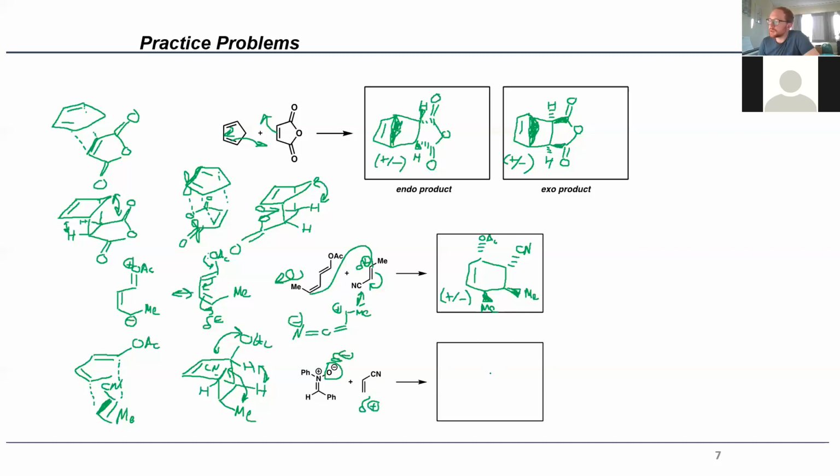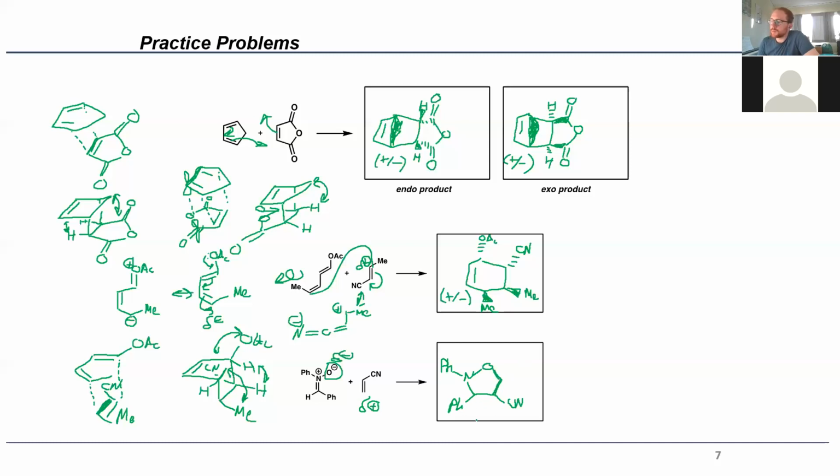And so our product here will be a 5-membered ring. So it'll look like so.